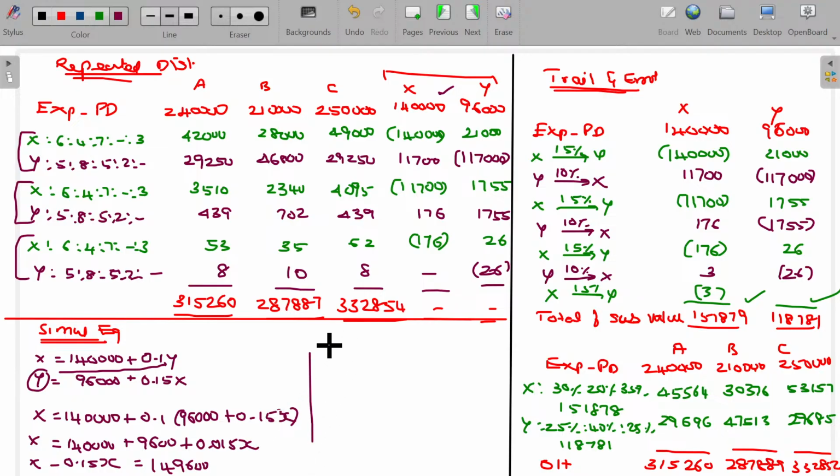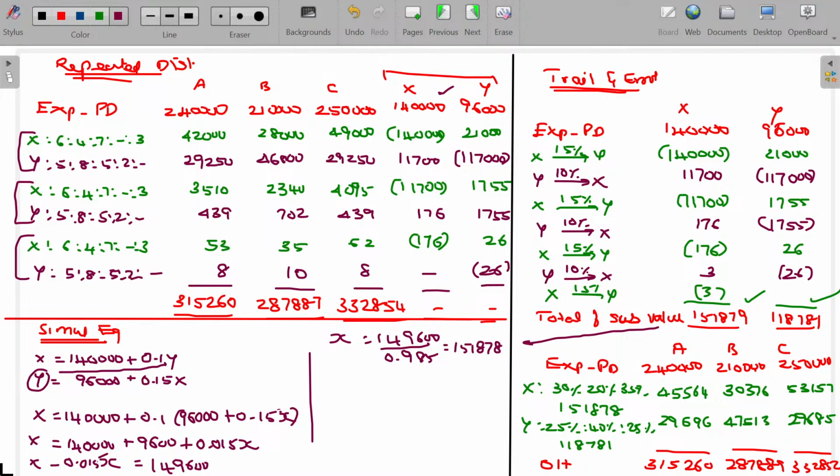Otherwise 0.985x is equal to this one, or x is equal to 1,49,600 divided by 0.985. The final value being 1,51,878. You get this value.